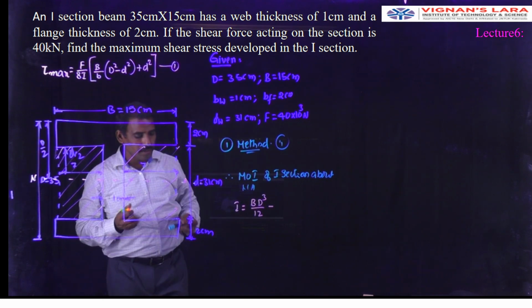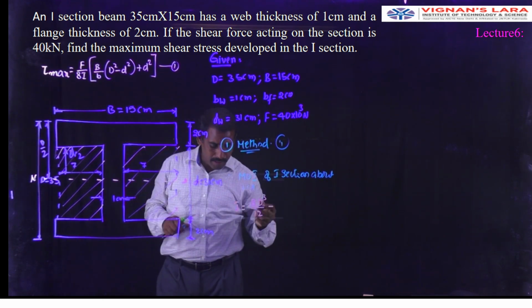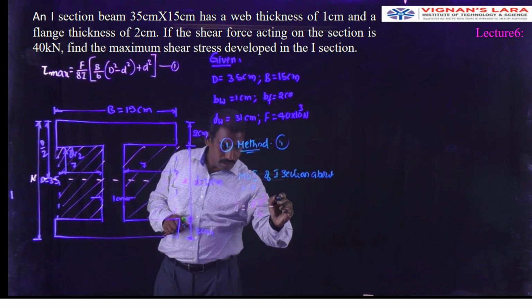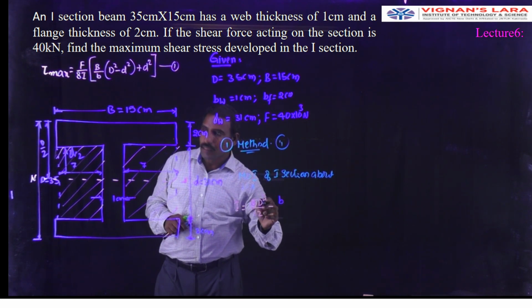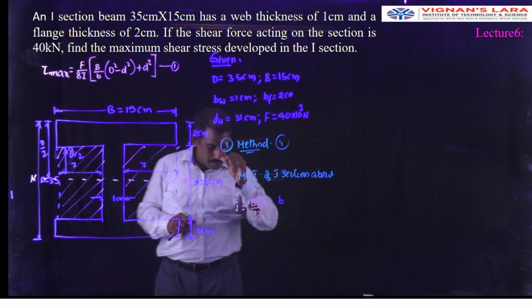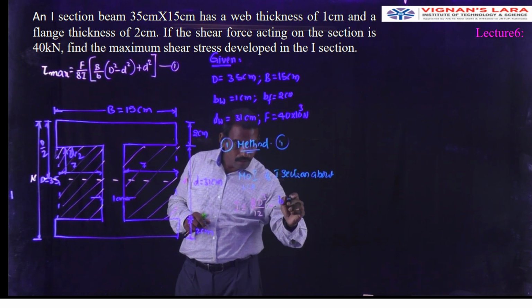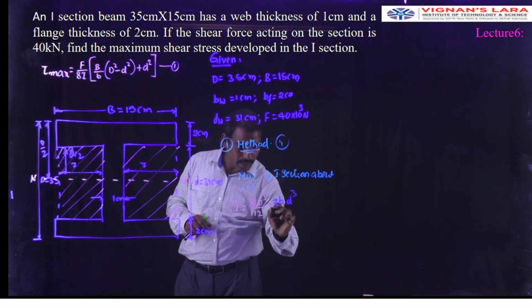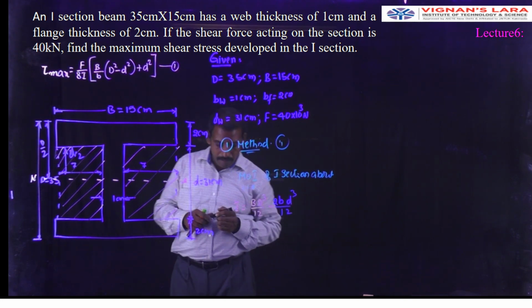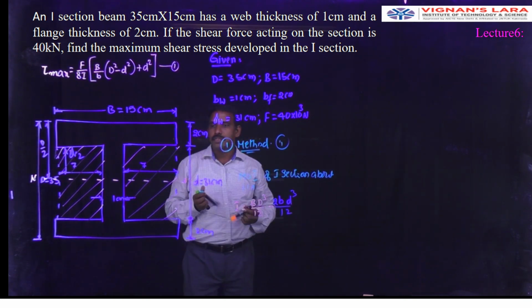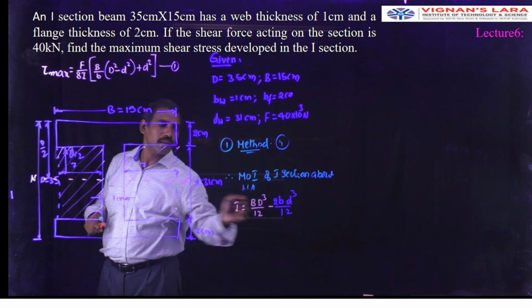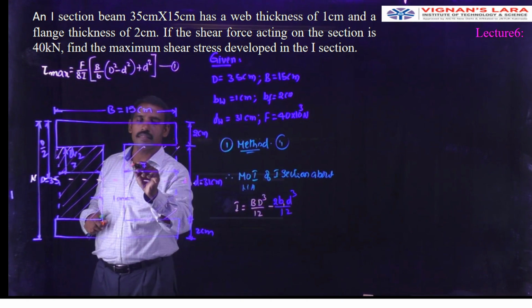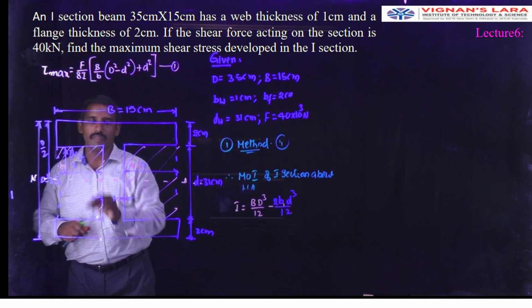So that becomes 2 times b1 into d cube by 12, where b1 is equal to 7.